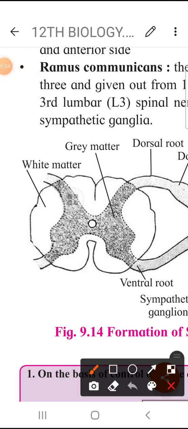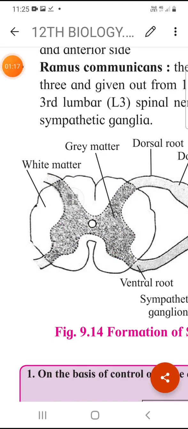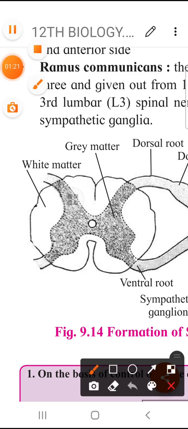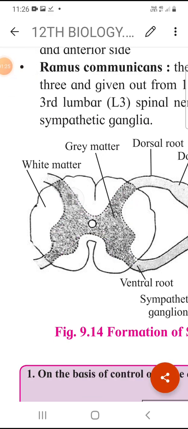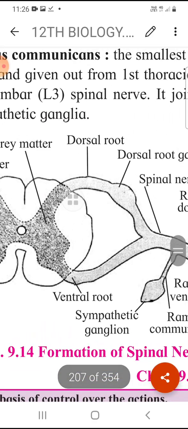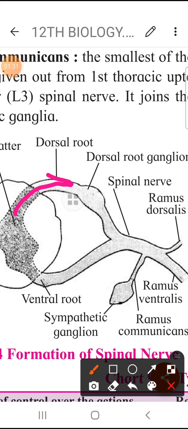First, we have the spinal cord, in which this region is the white matter. Then this H-shaped structure is called the gray matter. When you see this extension, we have one extension coming from here, another extension coming from this side.